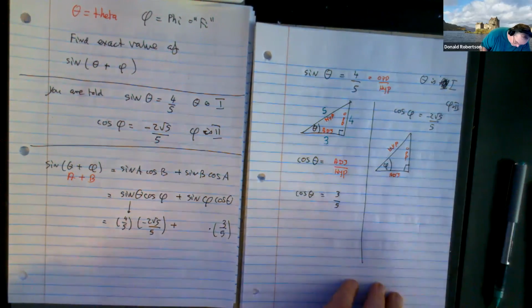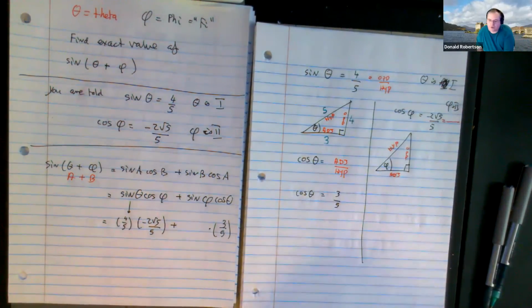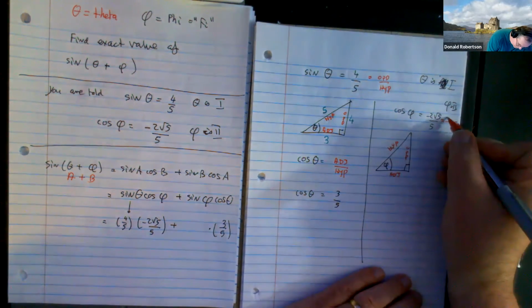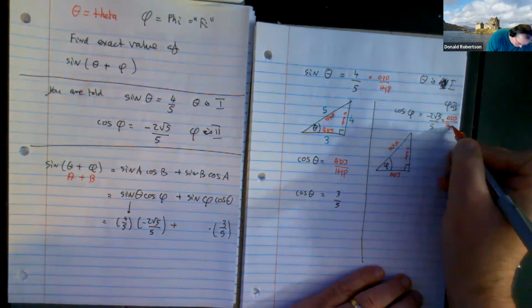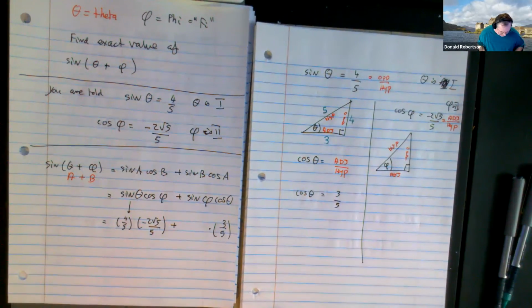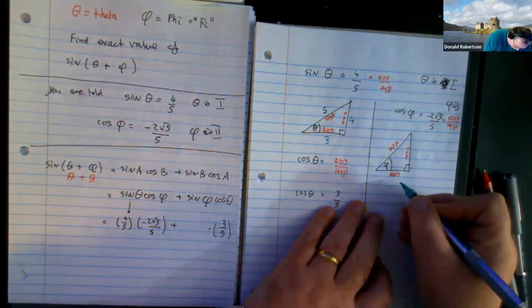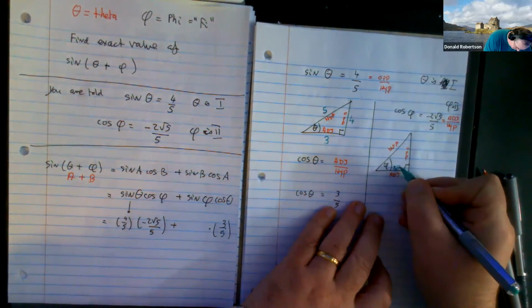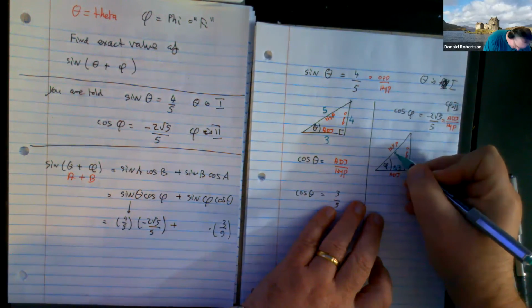And according to SOHCAHTOA, isn't the cosine the adjacent over the hypotenuse? Okay. Now be careful about the sign right now. The adjacent is 2 root 5. The hypotenuse is 5.